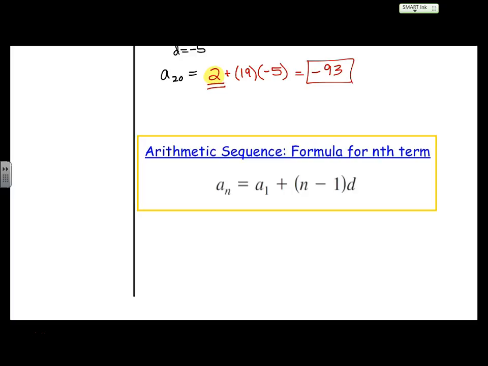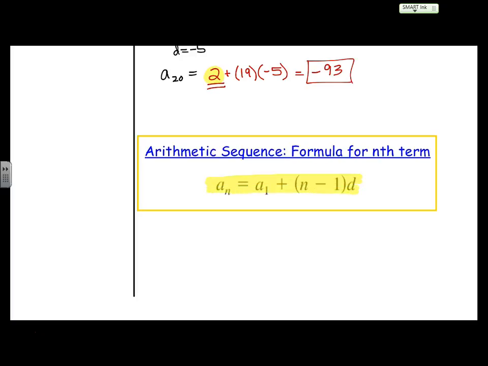If you're a highlighting, starring kind of person, I would definitely highlight and star this formula. 9-2 and 9-3 both have quite a few formulas for us to hold on to. So, arithmetic sequence, formula for the nth term, how to jump once we find the pattern of a common difference.